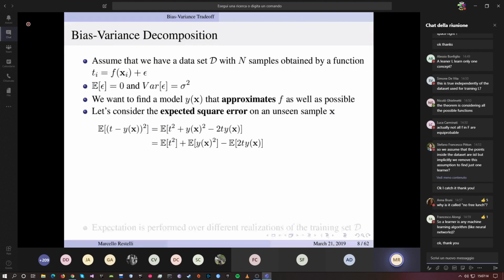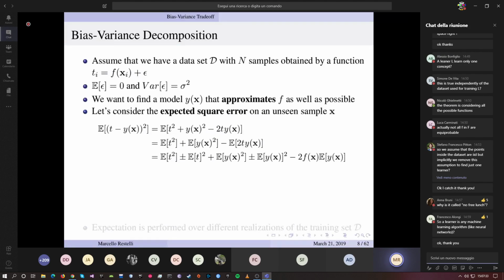Perfect. So now, in order to make the variances appear, I would like to have a minus the first moment square. But in order to not change the equation, I have to sum and subtract the first moment square.